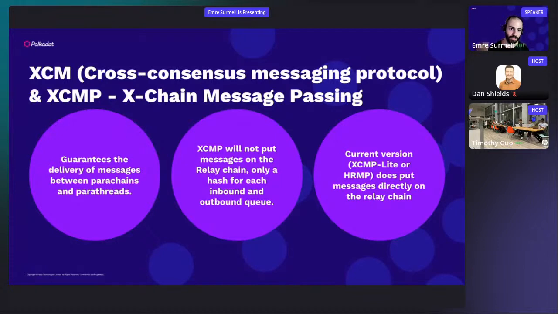So there's cross-chain message passing, meaning parachain to parachain. Some other ways of message passing are developed: upwards message passing, meaning from the parachain to the relay chain, or downwards message passing, from the relay chain to the parachain. So this is one of the main components of Polkadot, and what allows the relay chain to let parachains communicate.